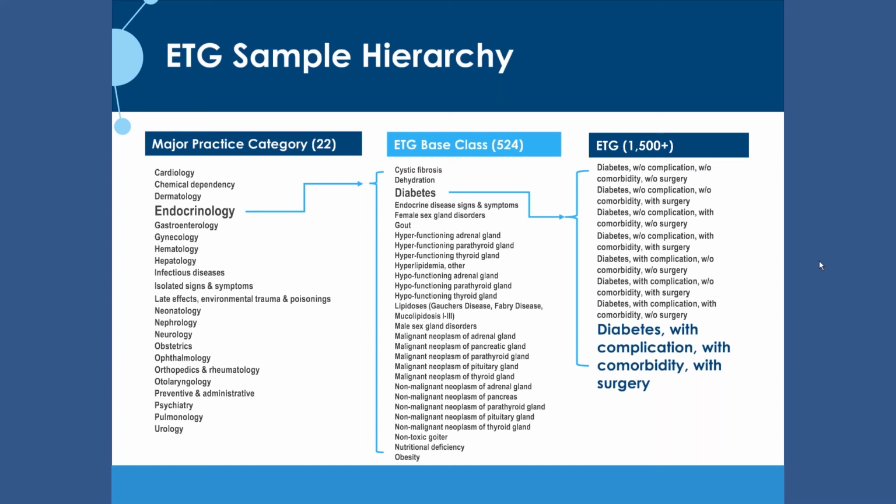We want to drill down to patients that had diabetes episodes. And then you can see on the right, again, there's over 1,500 combinations, but we can look at patients who had diabetic episodes with or without complication, with or without comorbidities, and with or without surgery. And again, we can get to, in most cases, 4 levels of severity.